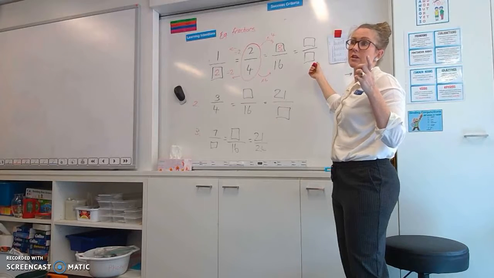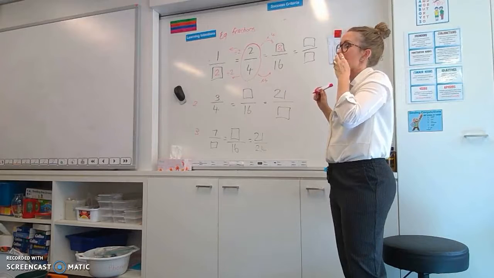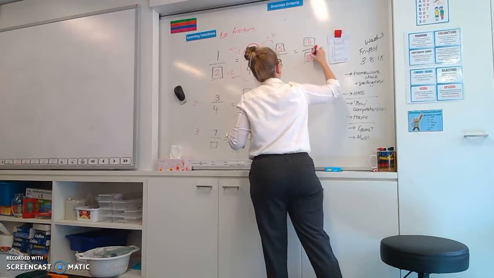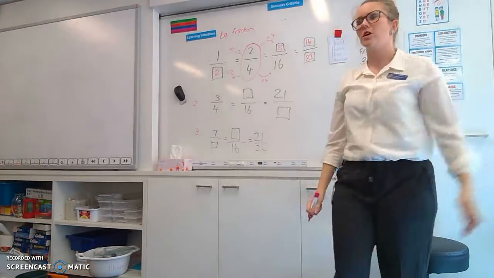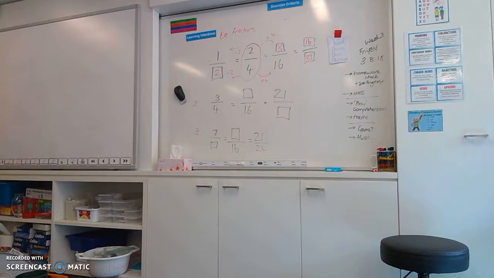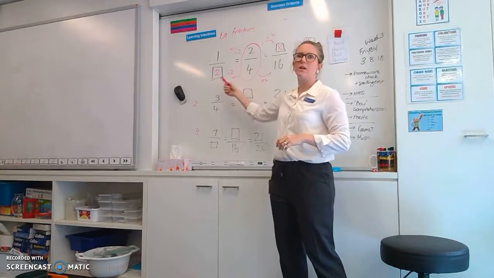Someone give me an equivalent fraction to a half. Charlie, again. 16 over 32. Yep. And what Charlie's done there is that he's just doubled this one. It could be 50 over 100. It could be 25 over 50. It could be 7 over 14. Now, I would suggest, it goes without saying, hey Maxie, that you wouldn't put one that's already there.